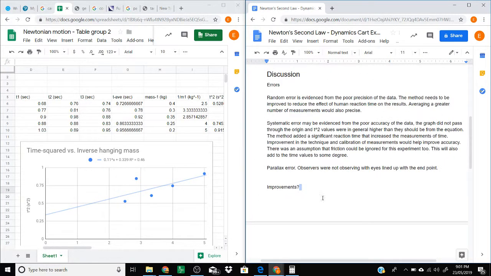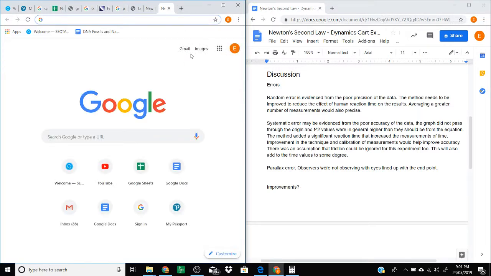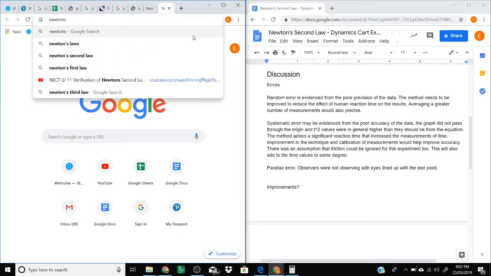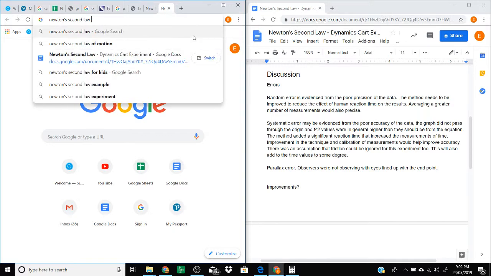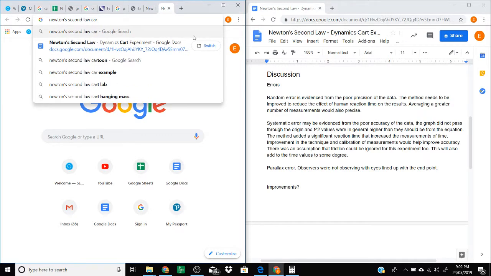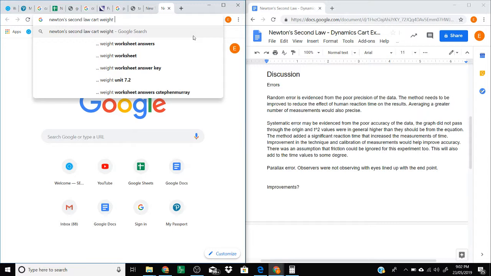Okay, now in your discussion, you should also be talking about improvements. Why don't we just have a quick gander at some ideas for this? So I went and had a look at Google Images for different techniques. So let's have a look at, I think we said Newton's second law. Cart, weight, practical.